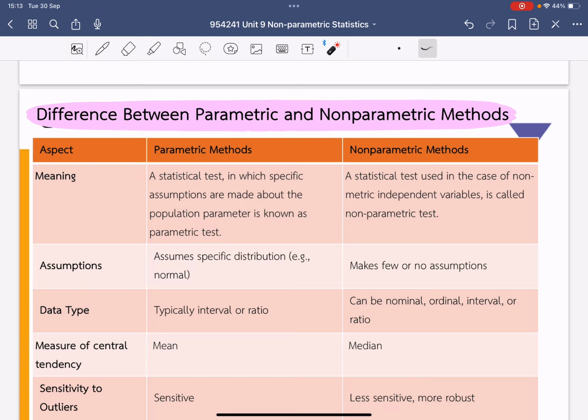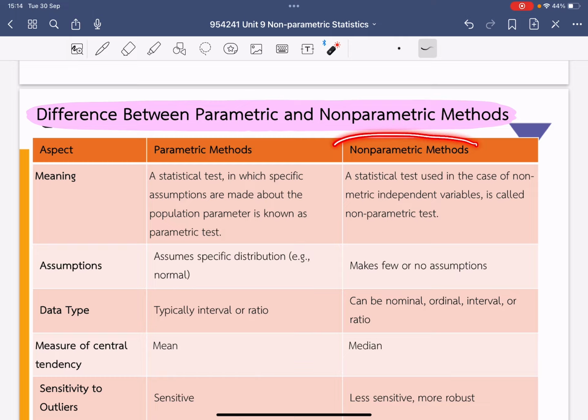These are also parametric methods. Comparing the meaning, a parametric method is a statistical test where we need assumptions about the population parameters. Usually we need a normal distribution for the population.